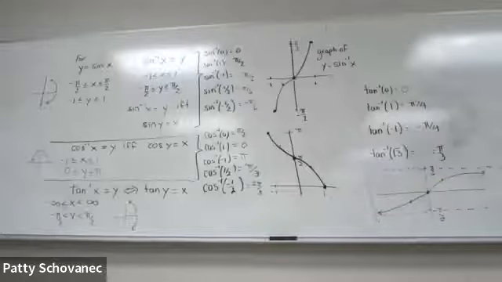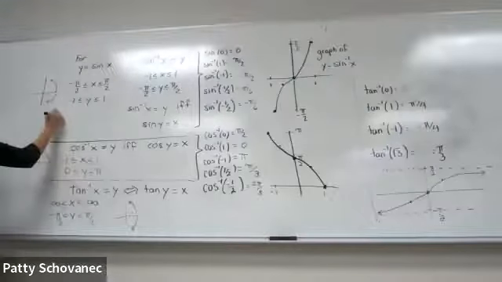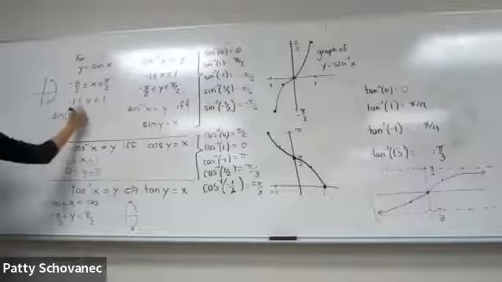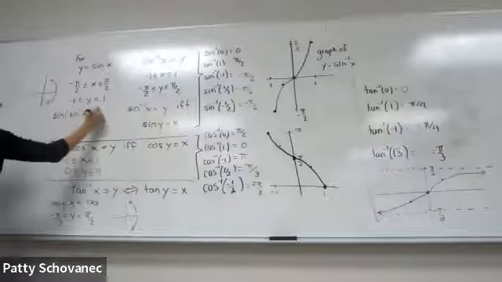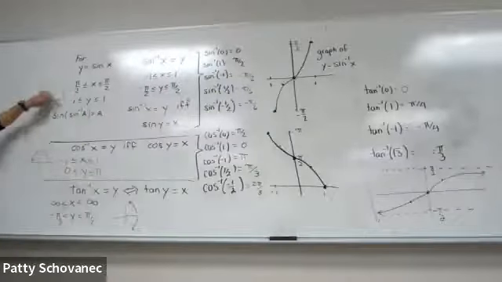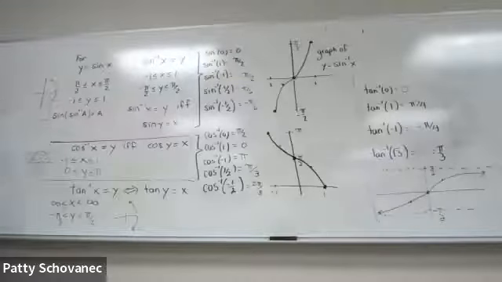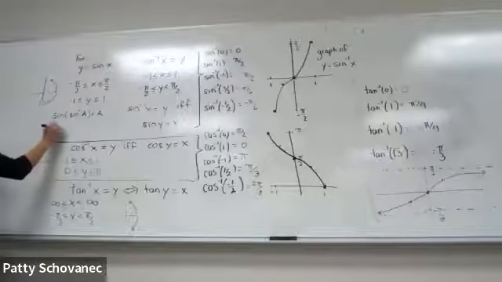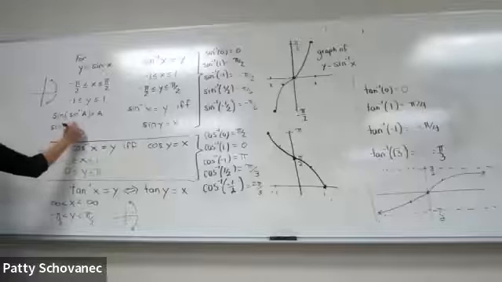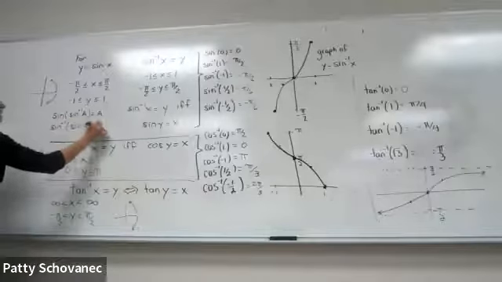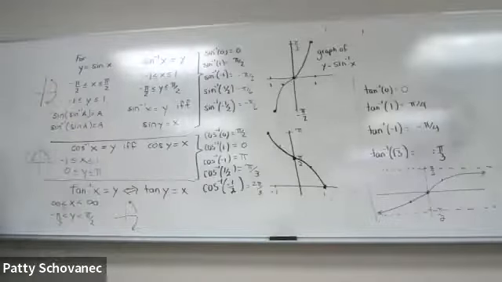These are trig functions that reduce the pairings, and they are inverses of one another. So they have the property that the sine of the inverse sine of any input is that input, provided it meets this criteria. And the inverse sine of the sine of any input is that input, provided it meets that criteria.